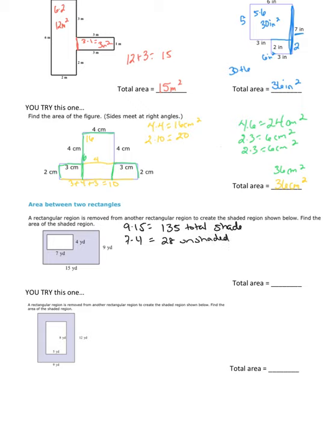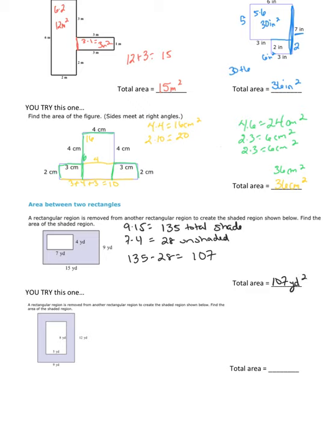You've got the rectangular region removed. I want to find what's left. 135, which is the total region, minus the 28 we're taking out. 107 is left. 107 yards squared.